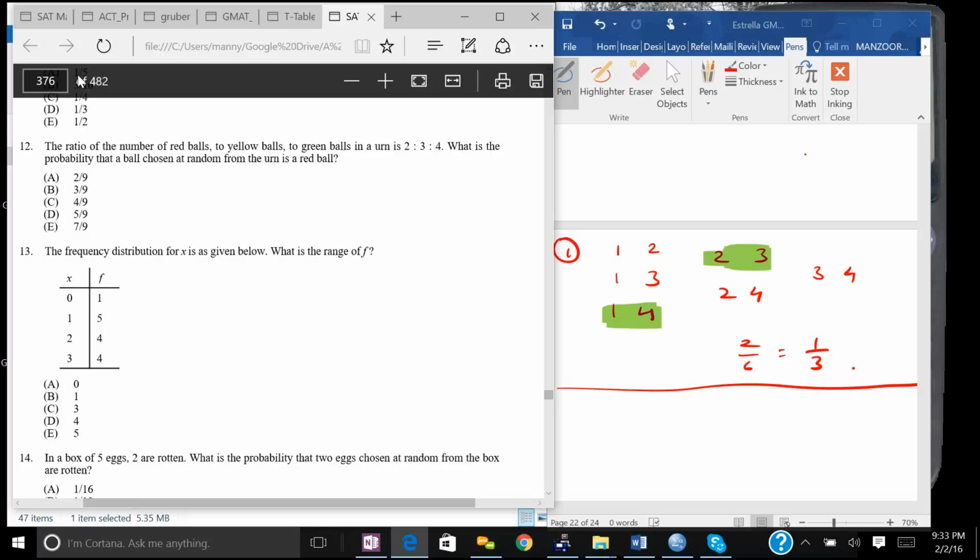The red ball. Red, yellow, and green. Okay.